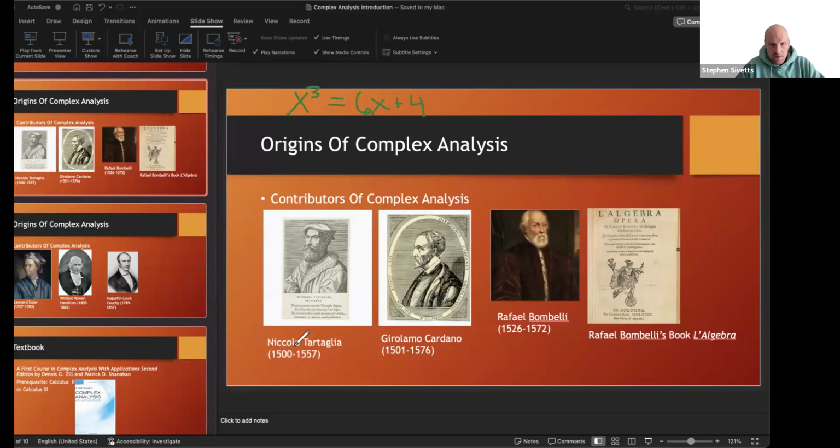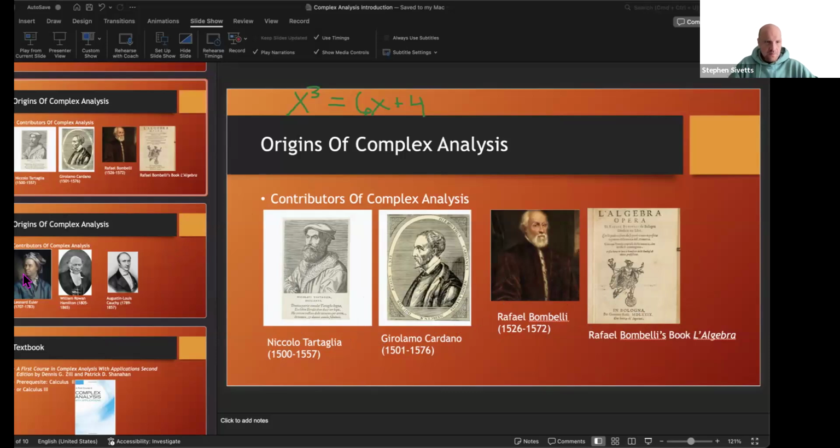So it all started off with Cardano's formula, formulated first by Tartaglia and then Cardano. And then the solution was published for cubic equations in Bombelli's book.